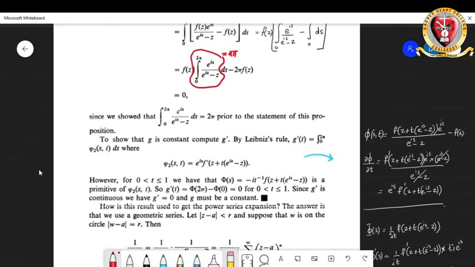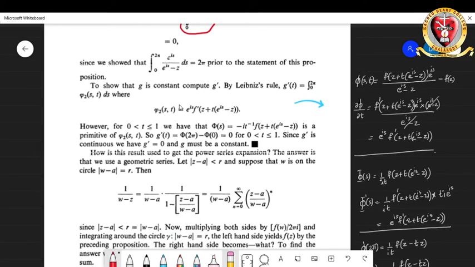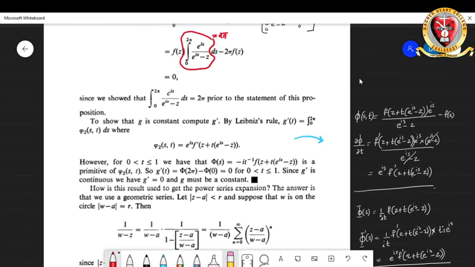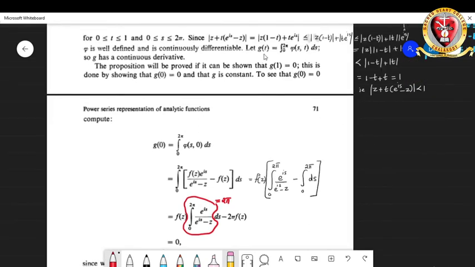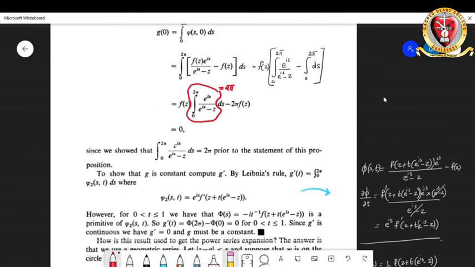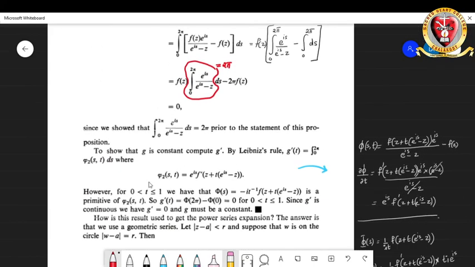Now we have to show that g is a constant. For that we are going to compute g dash. We know that by Leibniz rule, if g of t happens to be like this, where this phi is continuously differentiable and so on, then g dash of t is equal to the integral from 0 to 2 pi of the derivative of this phi.